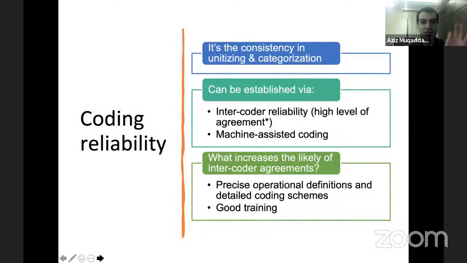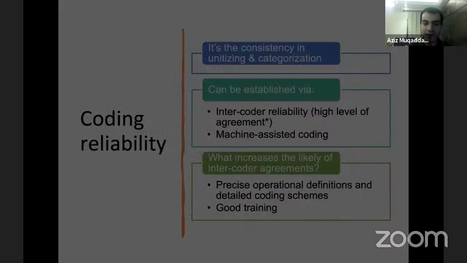And so whenever someone is analyzing the same content, they should arrive at the same categorization, right? So you need a good and precise coding scheme and good training, so the coders you're working with are well trained. They try multiple times until they reach a high level of familiarity.